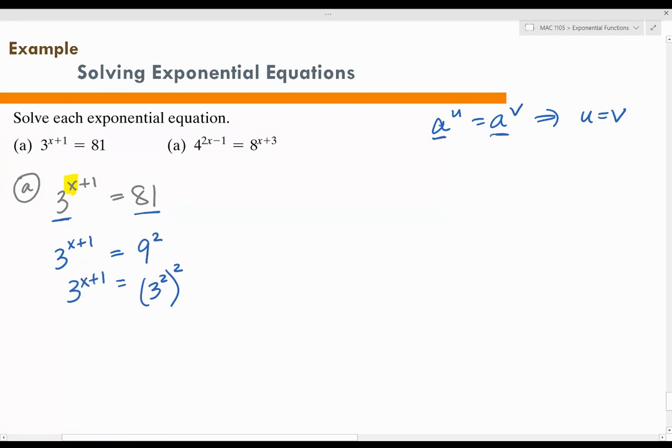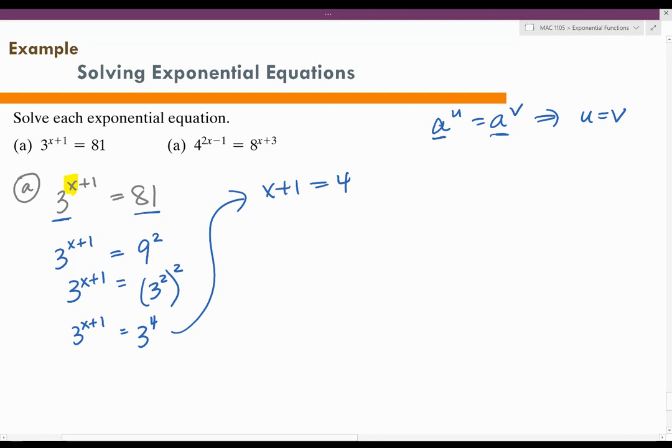Okay, and by my laws of exponents, I know if I have a power raised to a power, I multiply them. So my right-hand side would be 3 to the 4th power. Now I have the same base on both sides of my equation. So according to our rule, if the bases are the same, you can drop them and set your exponents equal to each other. So I'm going to have x plus 1 equals 4.